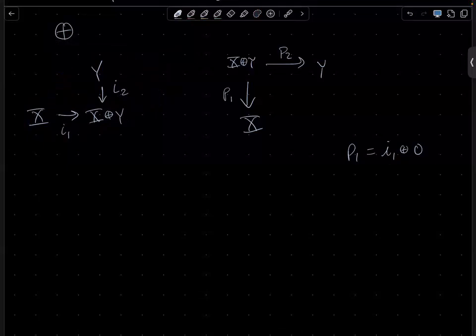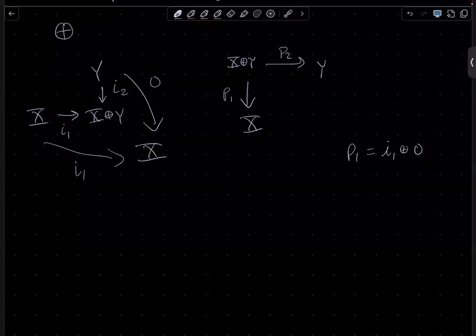I don't want to spend so much time on this, but one thing I can do is have I1, have 0 like this, and put x here. Because the coproduct has this universal property, you get this unique map this way.